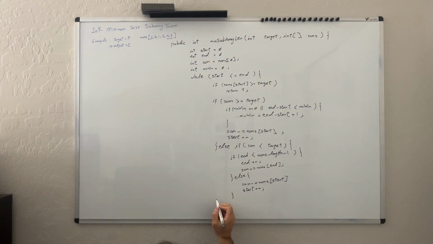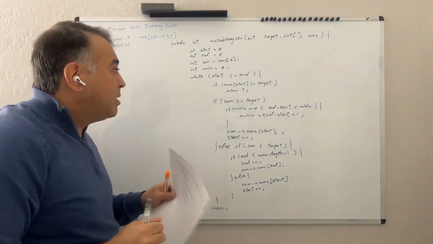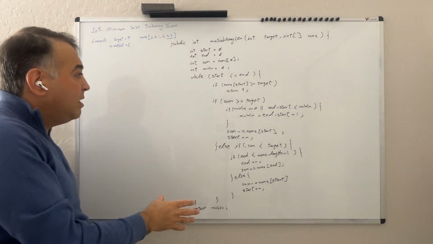So this is the solution. Then we are going to return minimum window, and that's it. This is our solution. And as you see, this solution is really easy.